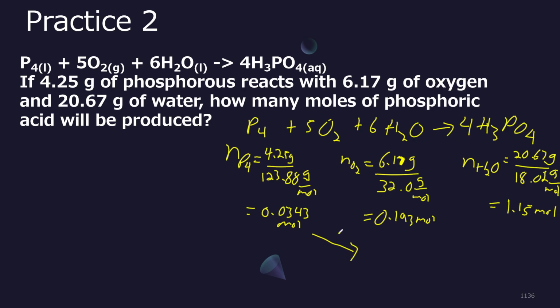So using the equation from the previous thing, if we multiply this by the target, 5, divided by our limiting mole ratio, 1, this will end up multiplying by 5. So we would need 0.1715 mole of O2 to react with all of this P4.